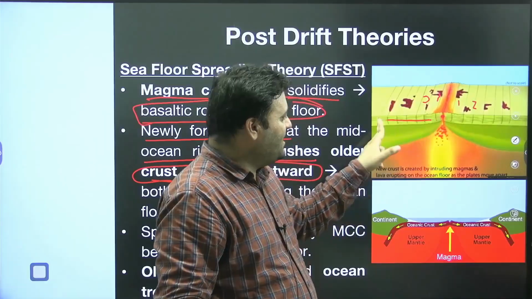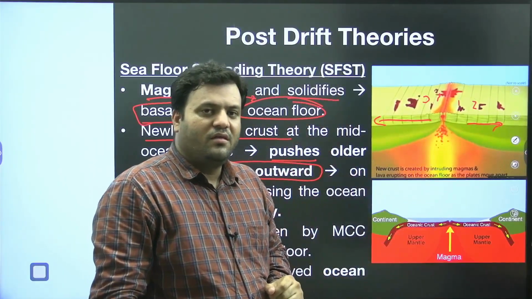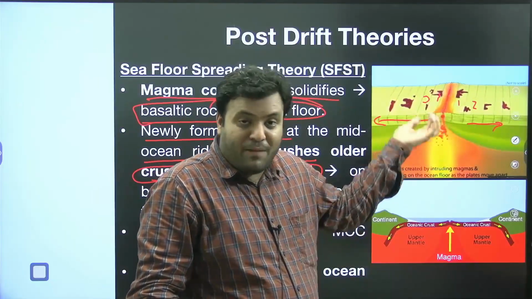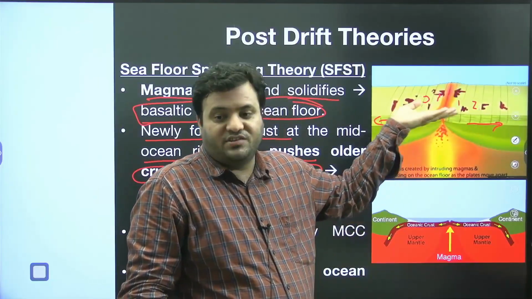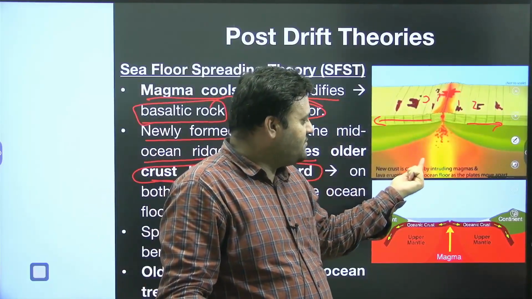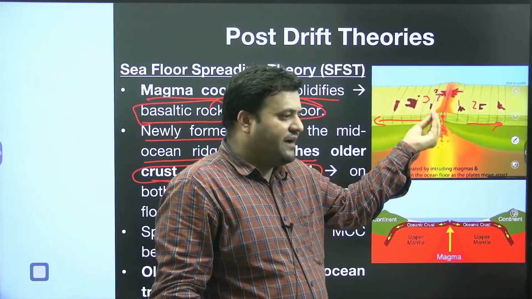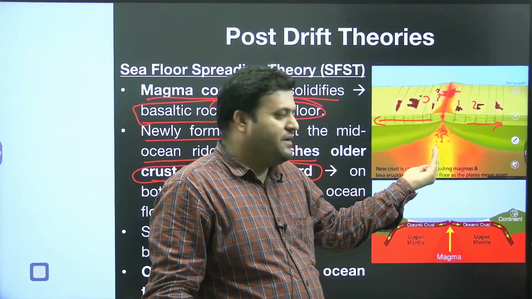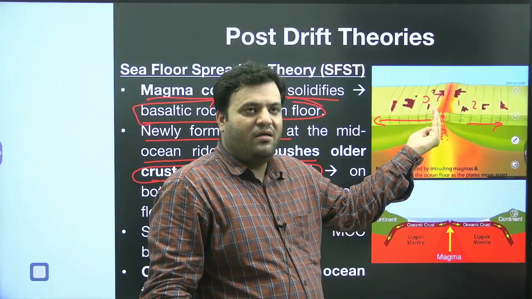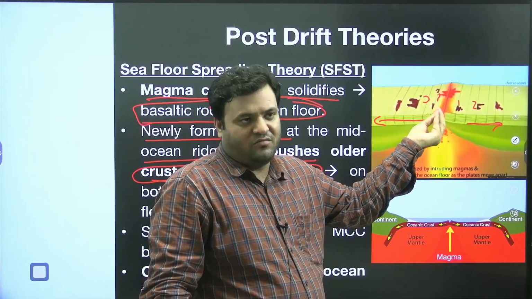The older one is being laterally, or horizontally, displaced by the magma or lava, so first of all these mantle convectional currents are separating these blocks, and when a cavity is there, it is filled by magma, which solidifies and becomes a part of the crust.